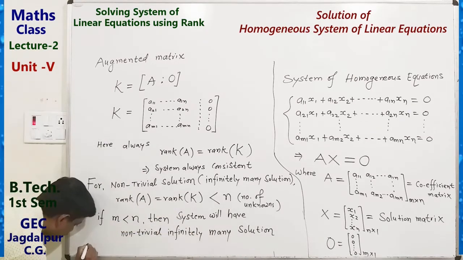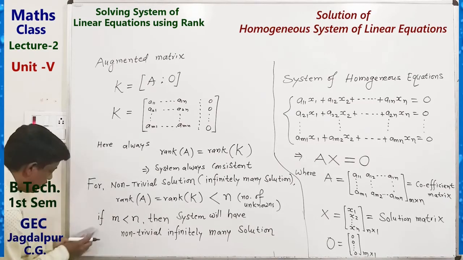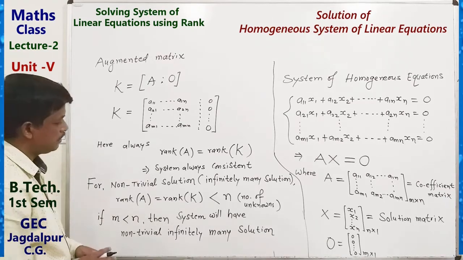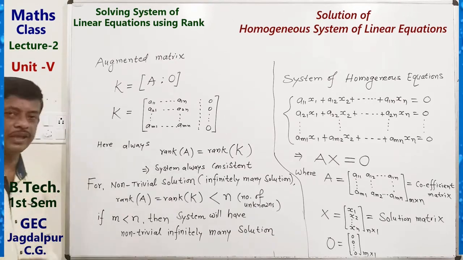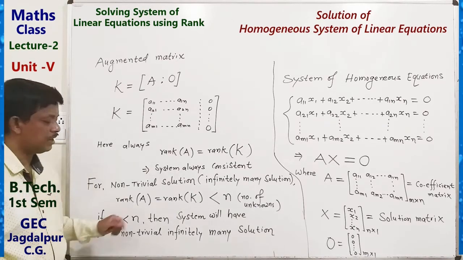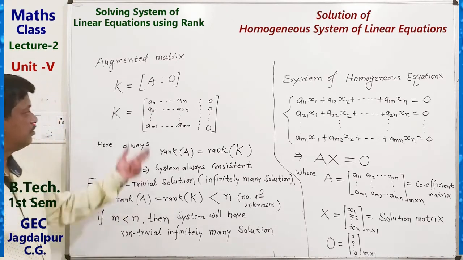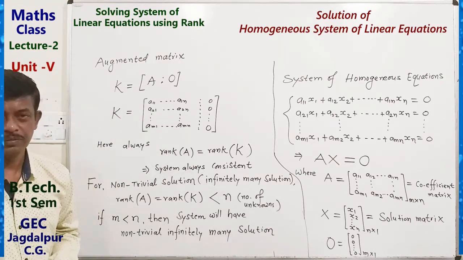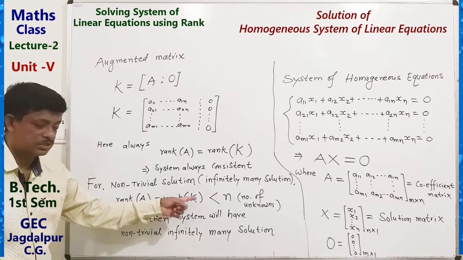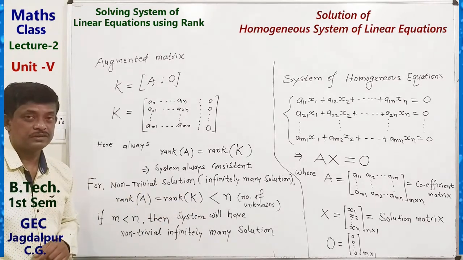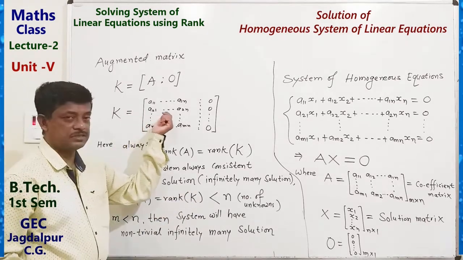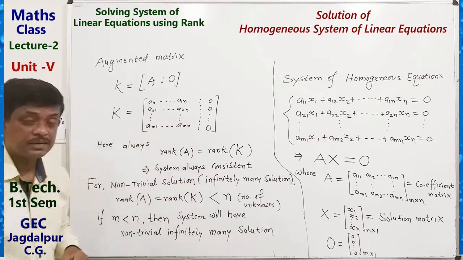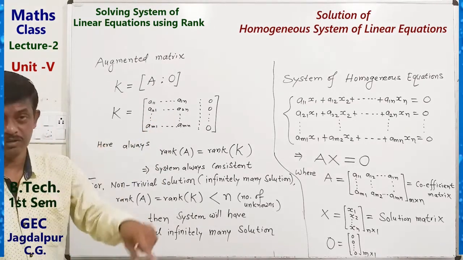And second thing, if m equals n, then this matrix will be a square matrix. So for a non-trivial solution, that is infinitely many solutions, the rank of this should be less than the number of unknowns.